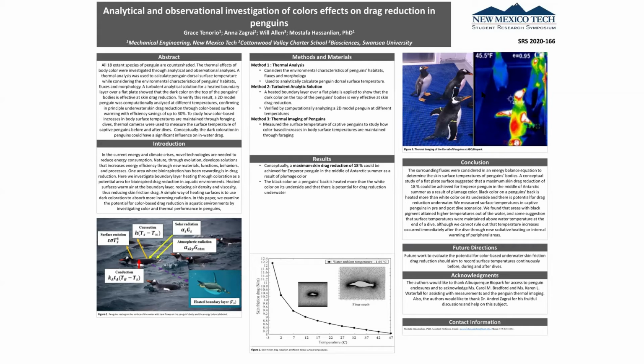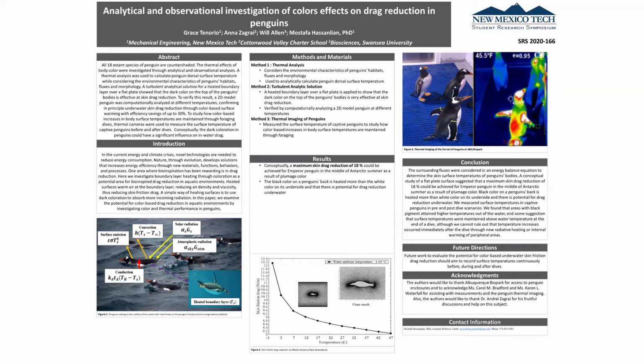So we split this up into basically 3 different parts. The first part was a thermal analysis to calculate the penguin dorsal surface temperature. Then we did a turbulent analytic solution.